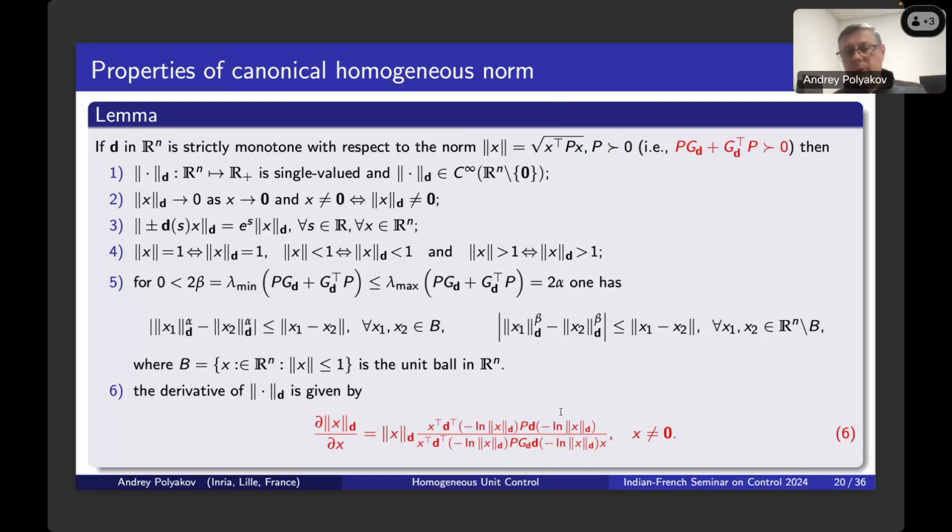In particular, we will use this canonical homogeneous norm as a Lyapunov function, exactly in the same way as we did for the analysis of the unit control a few minutes before.